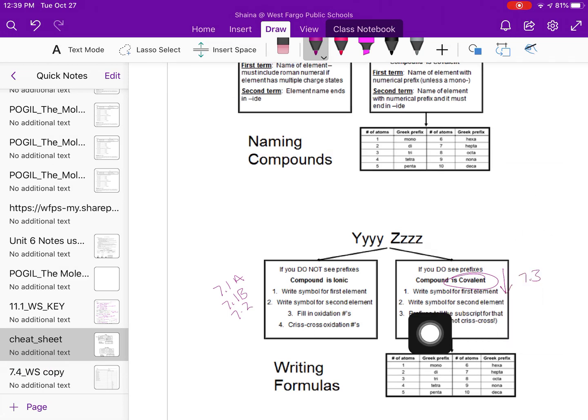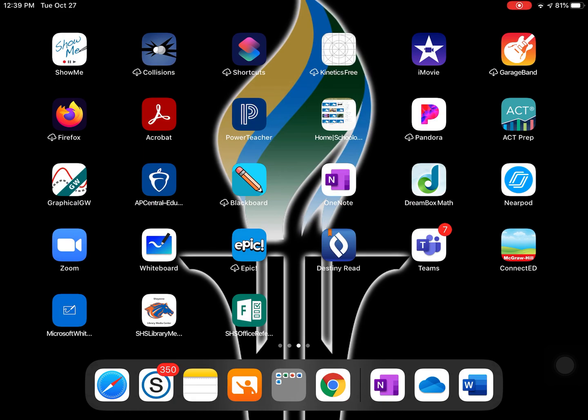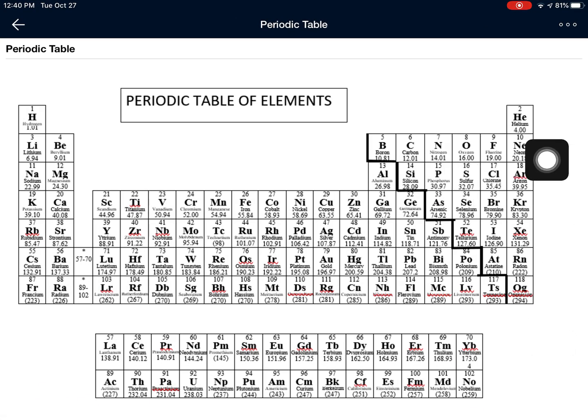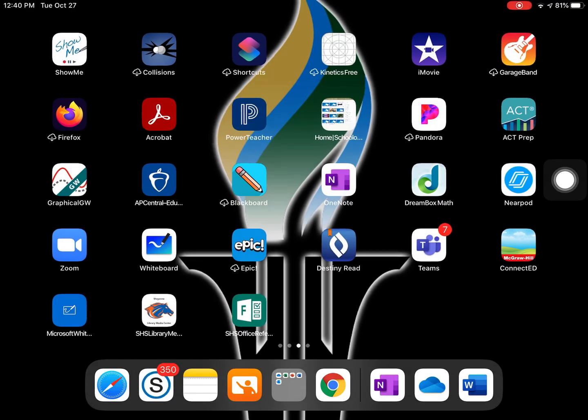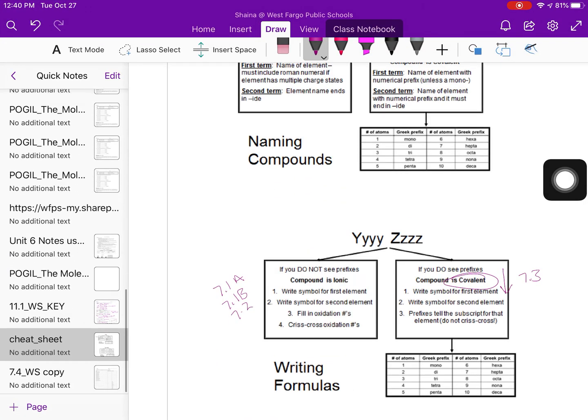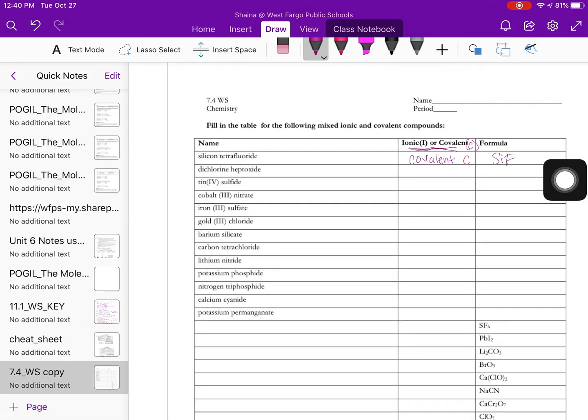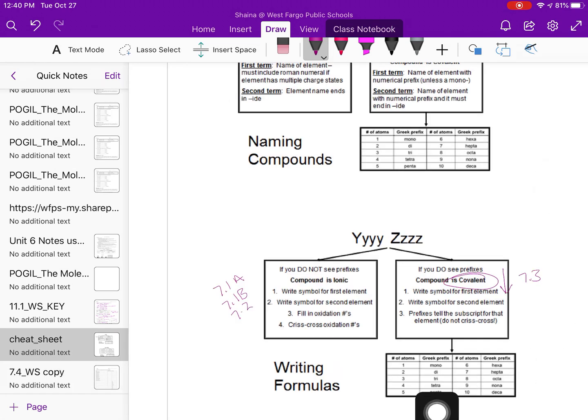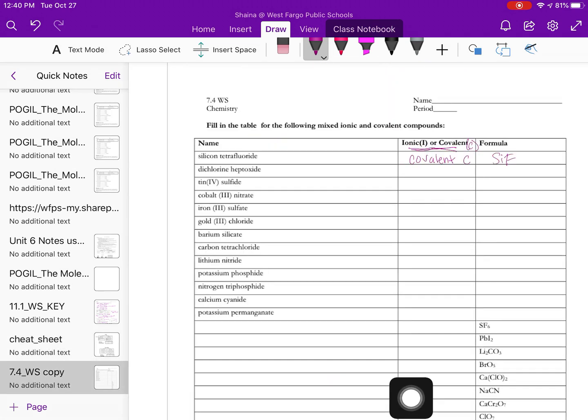Then it says, write the symbol for the second one, and the prefix tells you the subscripts. We do not crisscross. So the other one we had was fluoride. So fluoride is F. And then looking at the prefixes, tetra means 4, and it was tetrafluoride. So we put a 4 with the F.